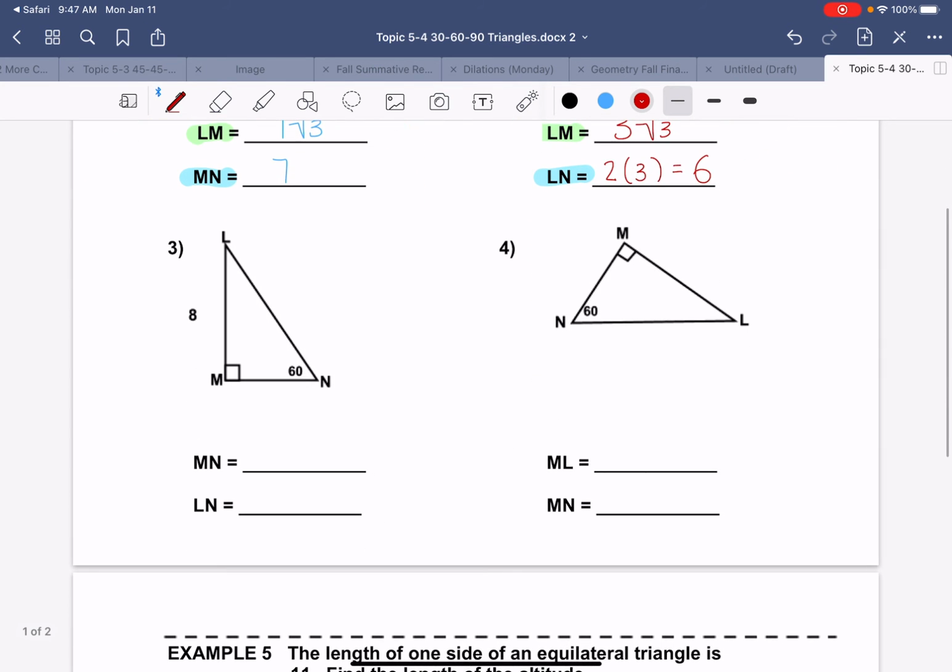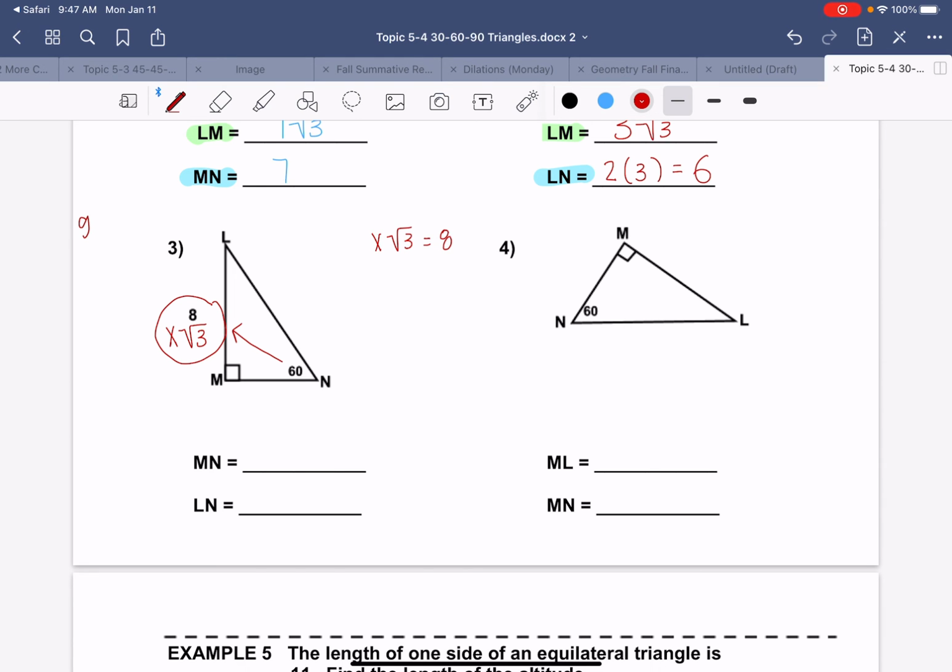Last but not least, we have this example. It gives us the value across from the 60, which has an x times the square root of 3 constant, and this is also known as the longer leg. So x times the square root of 3 equals 8.